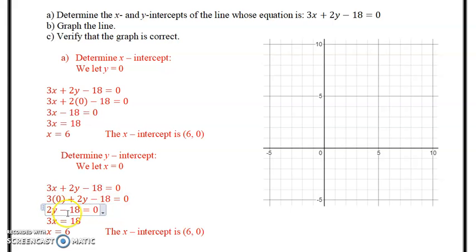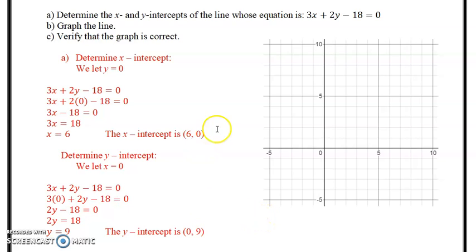So obviously that 0 is gone. We'll put the 18 to both sides. Get 2y equals 18. And we divide both sides by 2, and we get y is equal to 9. So that tells us that the y-intercept is 0 and 9, because that's when x is equal to 0.